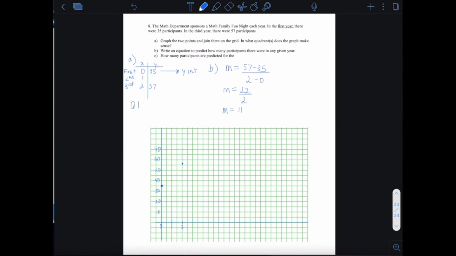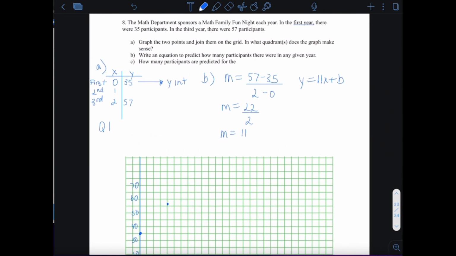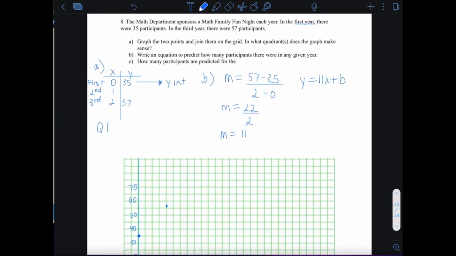And now I can start with y equals mx plus b if I want. This is method 1 from that lesson. And then I'm going to sub in a point. Or actually, I don't really have to, because I know what the y-intercept is, the initial value. I probably didn't actually have to solve for b, but there we are.